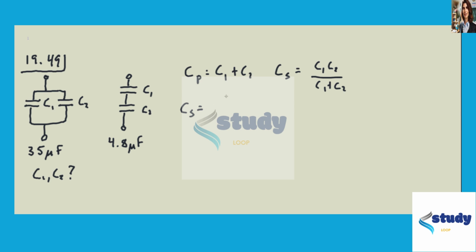And so the series combination gives us C1 times Cp minus C1, over Cp.